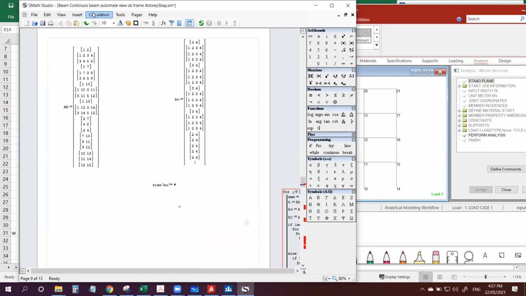What's the size of my BU? Hmm, so it's correct.